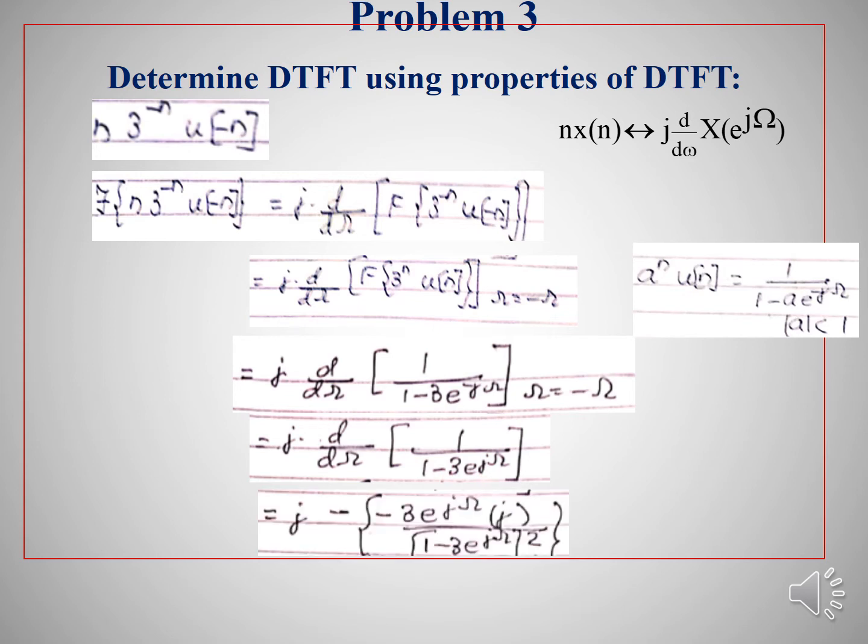Therefore, our resultant after differentiation would be j into minus 3 e^(jω) into j divided by 1 minus 3 e^(jω) the whole square.